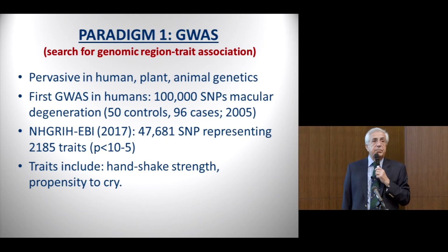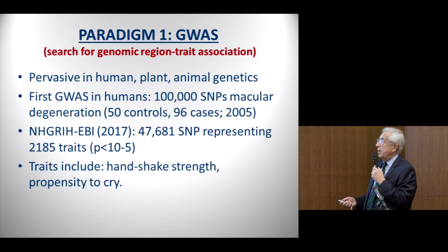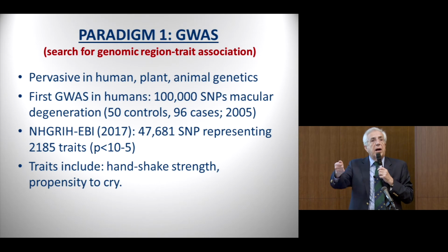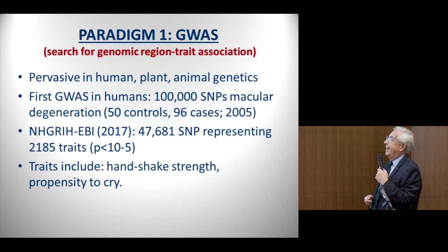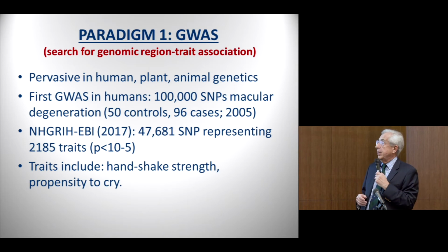And they measure everything, especially diseases, but sometimes there are some traits that you may think are humorous, like how hard you shake the hands of others. Maybe in Japan it is the angle with which you bow, the propensity to cry, and many other things.